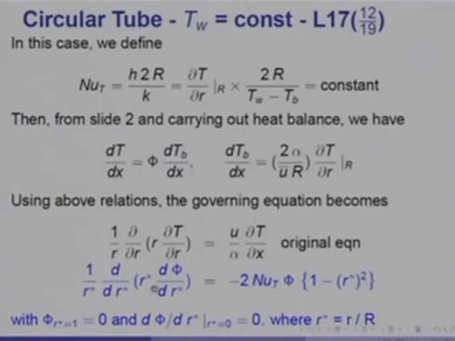This is nothing but a second order ordinary differential equation with a boundary condition that phi at r* equal to 1, which is the wall, is equal to 0, and dphi/dr* at the axis of symmetry is 0, because it is a symmetry line.